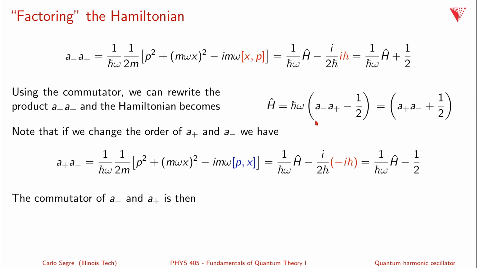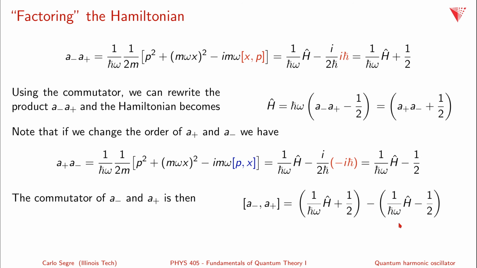So now we can look at what the commutator of these two operators is, because the commutator of a minus and a plus is just a minus a plus minus a plus a minus. Right? That is a minus a plus, which is this quantity here, 1 over h bar omega Hamiltonian plus 1/2, minus 1 over h bar omega Hamiltonian minus 1/2.